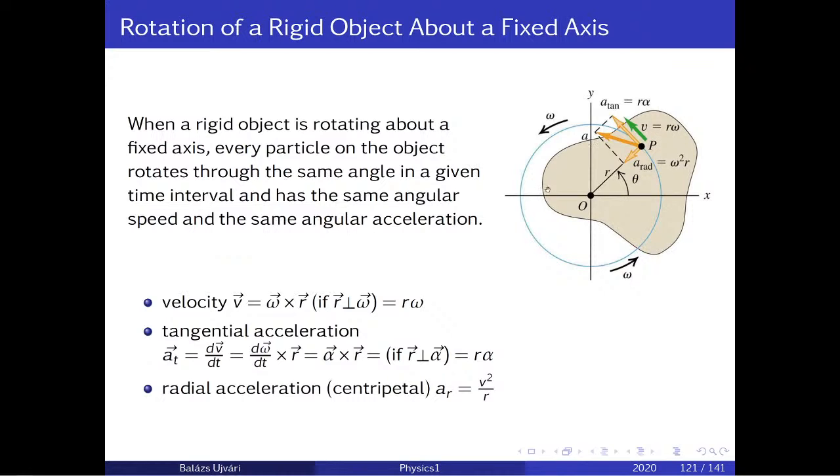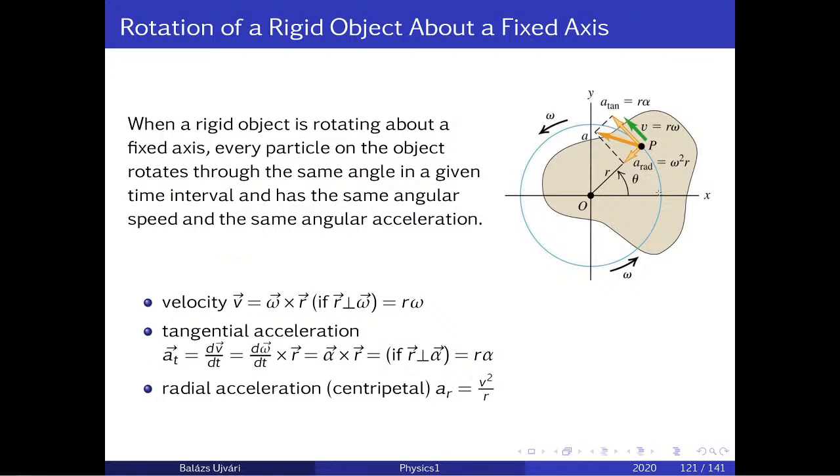So this is a rotating object, and if we pick up one point, this P, there is a distance vector from the origin to this P, and the velocity of this point will be the radius, the distance from the origin, times omega, which is the angular velocity.